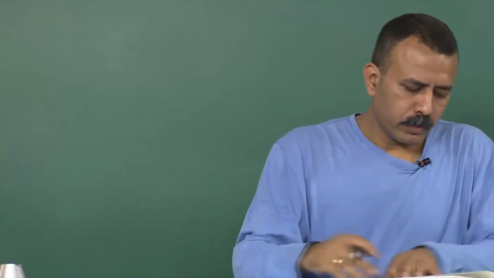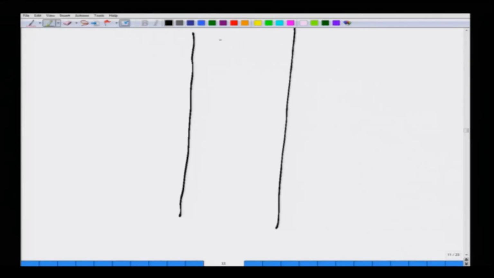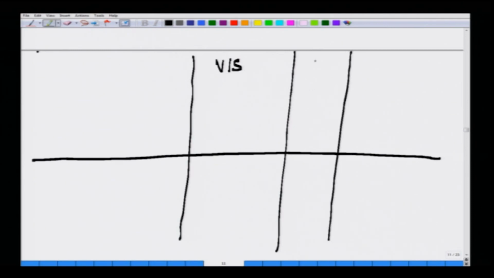Let's put it like this: visible. Here the visible, then you have the IR, then you have the microwave, then you have the radio wave.